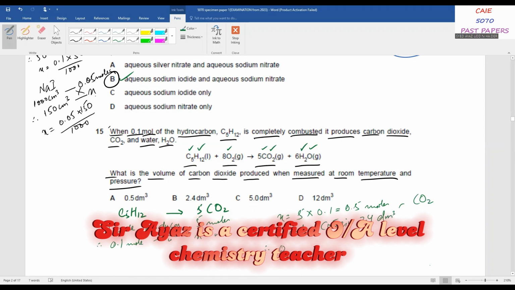Therefore, 0.5 mole contains x dm³. So you will multiply 24 by 0.5. The answer will be 12 dm³. So this should be the correct answer.